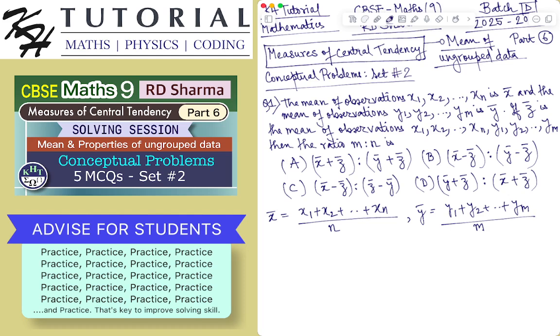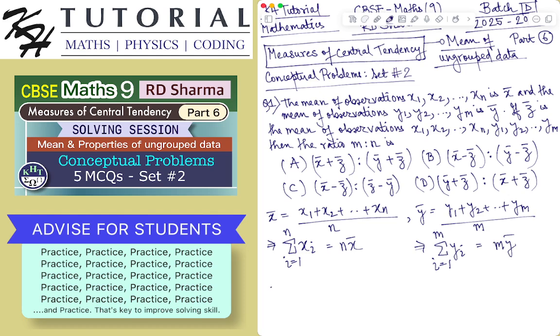Before z bar, from these two means, I can say that the summation of xi, the sum of the observations x1 up to xn, in sigma notation, will be equal to n into x bar. Similarly, for the y observations, I have summation of yi, i ranging from 1 to small m, is equal to m into y bar.